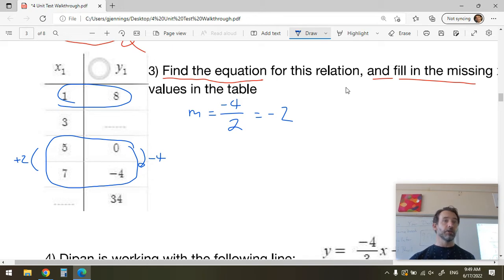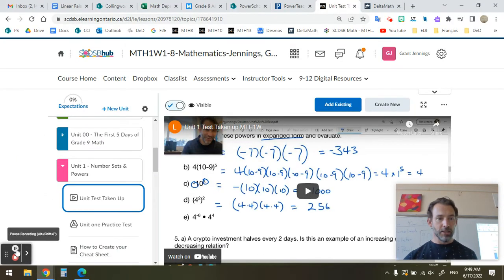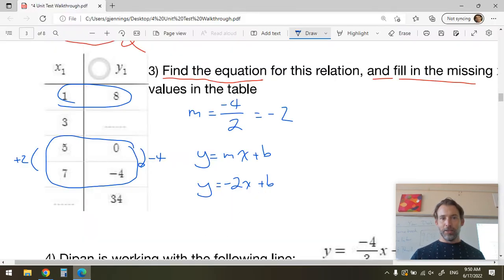It makes things easier. So now I know that instead of working with y equals mx plus b, I can add more detail to this, and I can say that y is equal to -2x plus b. One moment. Okay, carrying on. So we now are on the hunt for this number b.